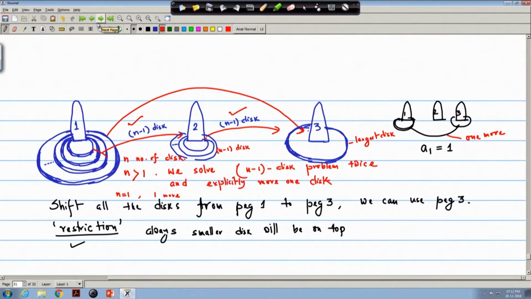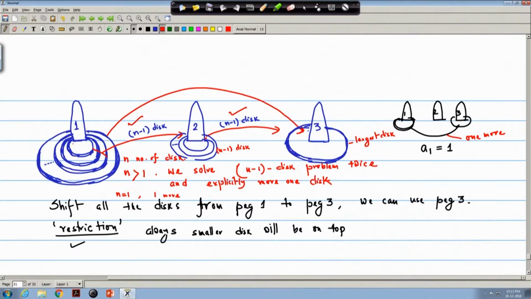It is, I think, very much clear that if n is very large, even if n is 10, then it is very difficult to move this type of thing. Rather, as if we assume that when I have 10 disks, for the smaller number of disks, say 9, it is already solved.